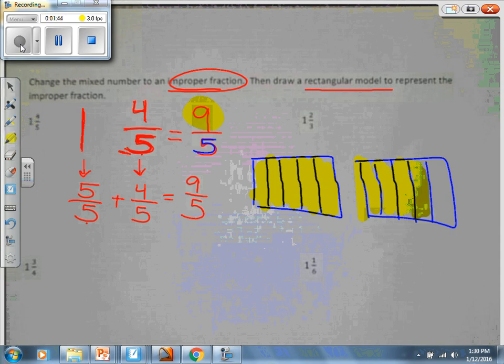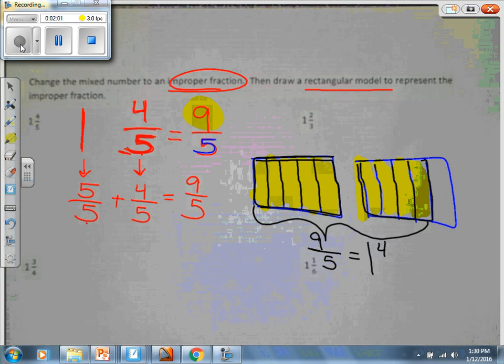Therefore, this rectangular model is 9/5, which is also equal to 1 whole. Here's my 1 whole. And 4 out of 5, or 4/5. So that is for number 1.